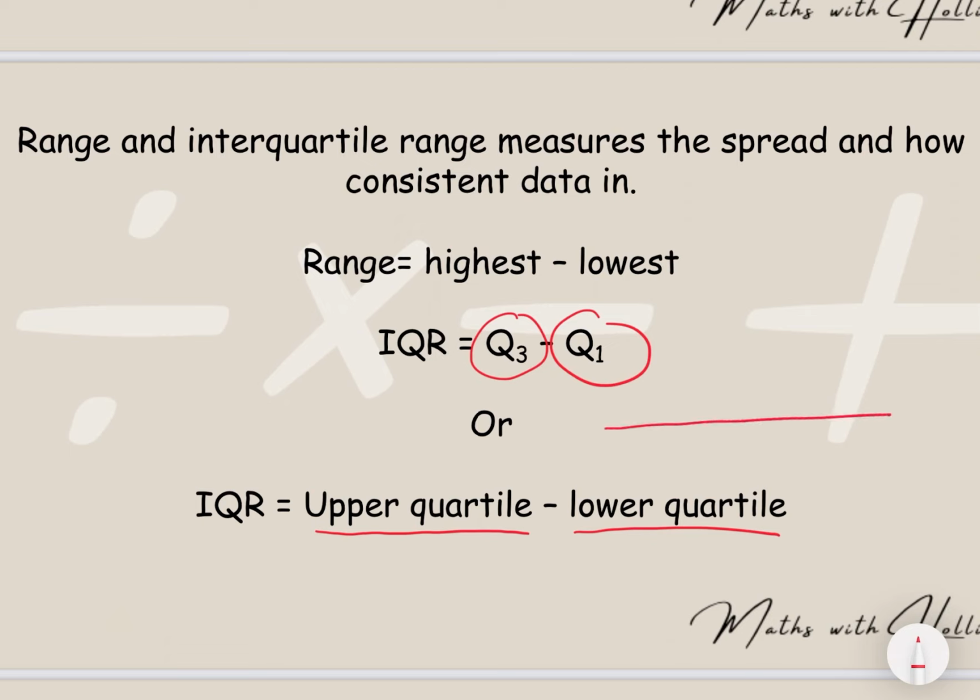So let's picture this number line, just so I can hopefully explain that a little bit more visually. If we had a set of numbers and you want to work out the middle 50%, we are talking about from the first quarter to the third quarter, and we can look at the spread of that data, and that would avoid any outliers.